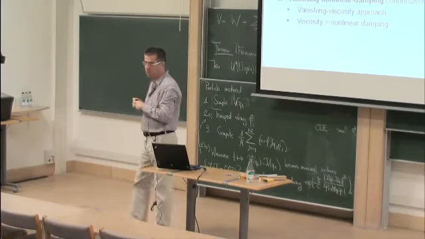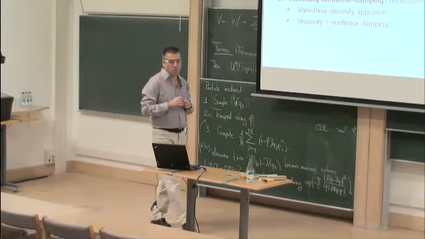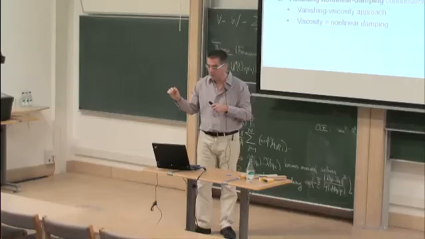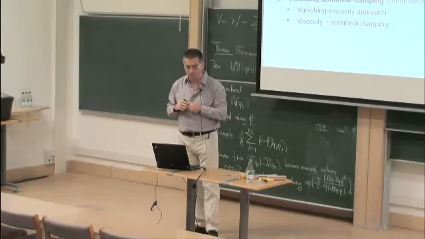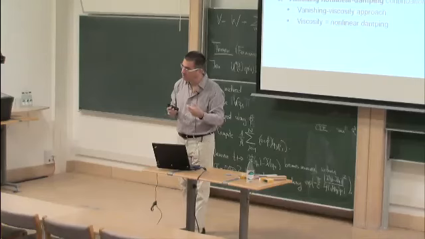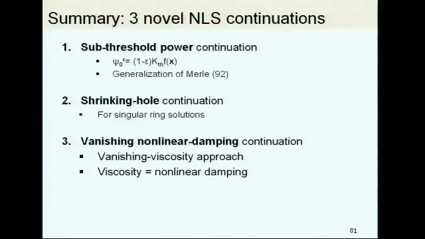The second approach, which is useful for ring solution, is the shrinking hole continuation. You put a hole, this arrests the collapse, you let the hole size go to 0. The third approach is motivated by the vanishing viscosity solutions, but here viscosity is nonlinear damping.